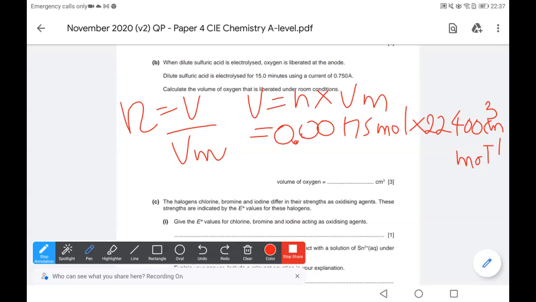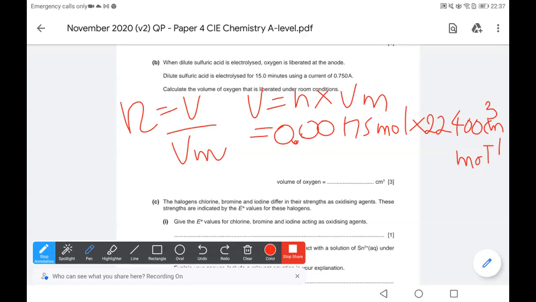If there's any difference, that difference is because I didn't look at the data book. I just gave you an approximate molar volume value and an approximate Faraday constant. Otherwise, the method and everything is correct and the same.